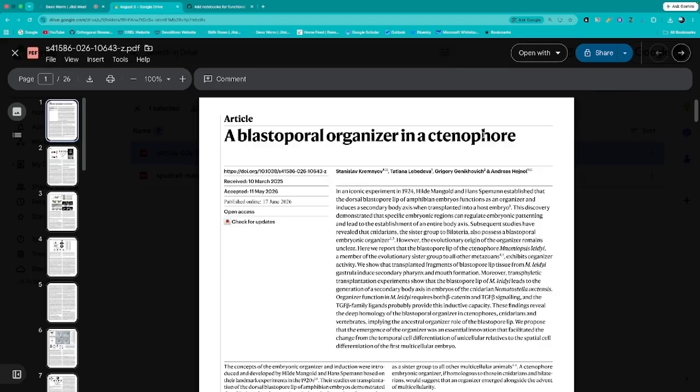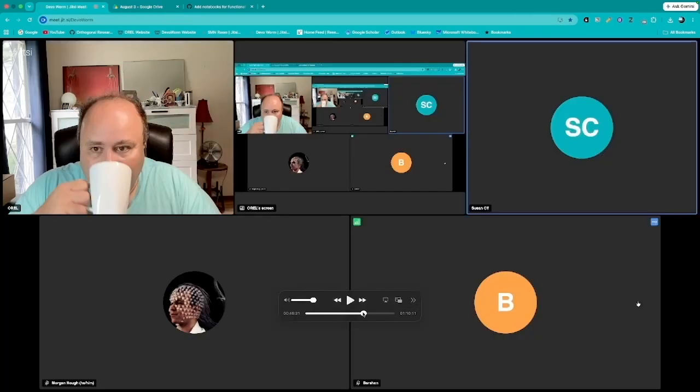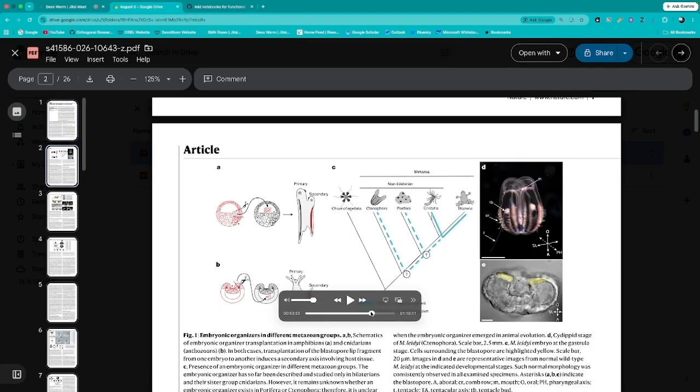So, they saw these examples across bilaterians, ctenophores, and cnidarians, and they said, what is the common ancestor of all of those different forms of organizer? And so that's what they did in this paper. We went through, and this is the shorthand here, where you have bilaterians, cnidarians, peripheral, which are sponges, and then ctenophores.